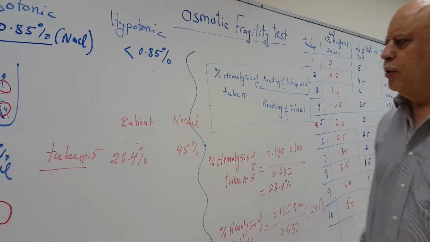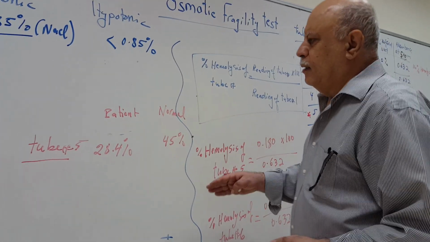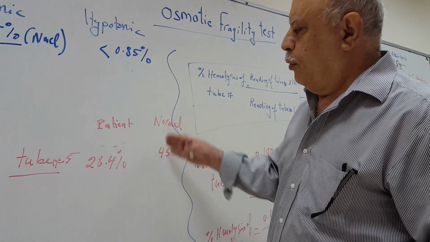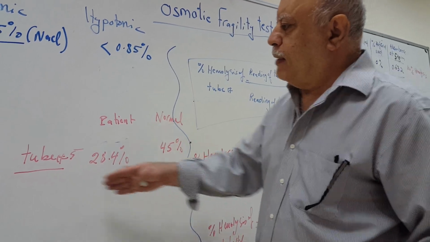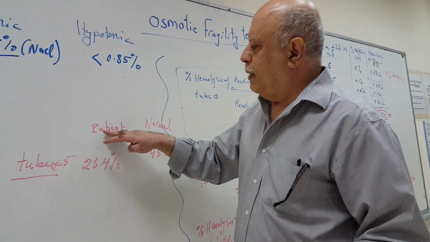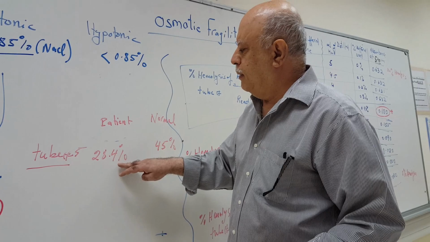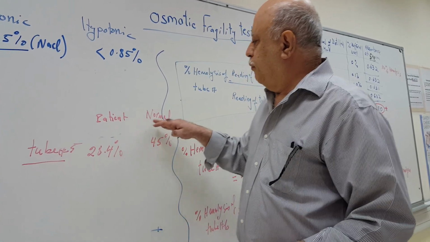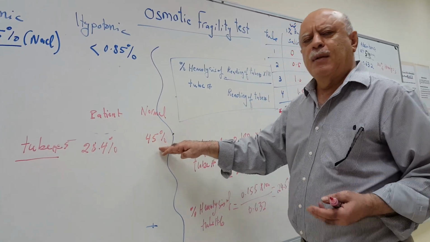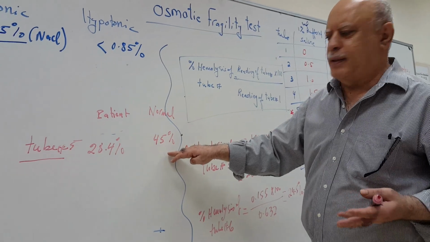Again, how do we do the interpretation? We compare it with a normal person, normal blood. Let's say tube number 5. Assuming our patient is 28.4% hemolysis. For normal blood, it's 45% hemolysis.